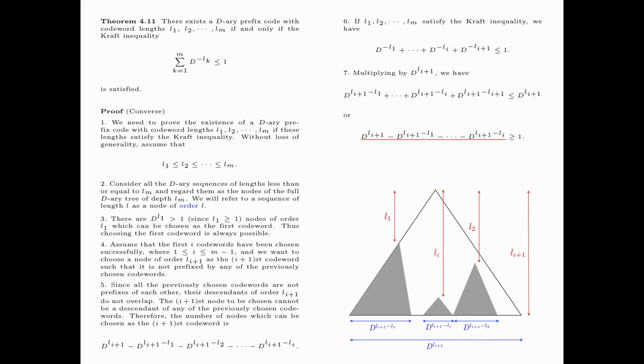Now we recognize that the left-hand side of this inequality is exactly the number of nodes which can be chosen as the (i+1)th codeword. And we have shown that this is greater than or equal to 1. Therefore, we have shown by induction the existence of a prefix code with codeword lengths L1, L2 up to Lm, completing the proof.